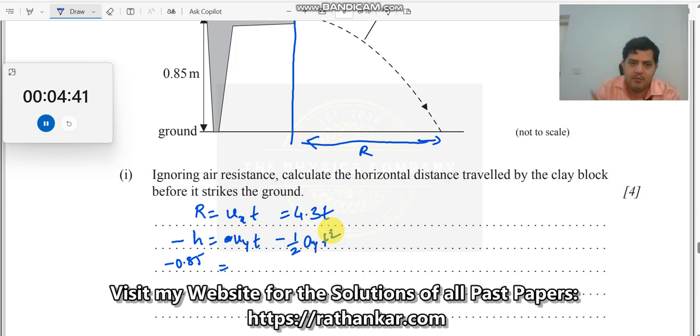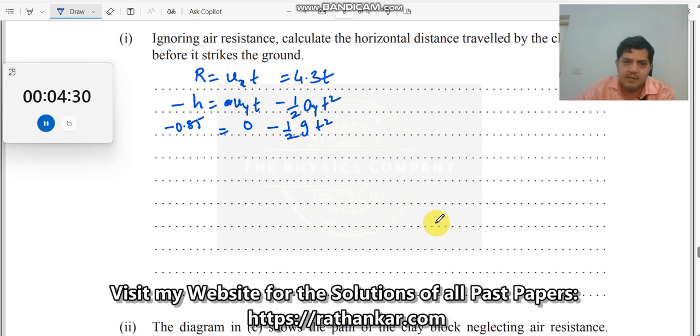We did not drop it downwards, right? So it was 0 minus half into what's ay? G, right? Into t square. So thus the final expression that I get here is nothing but t square. This negative and this negative goes away. So t square should be equal to 0.85 multiplied by 2, divided by g.